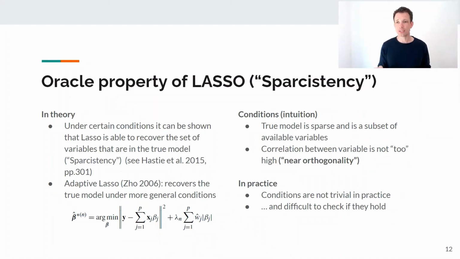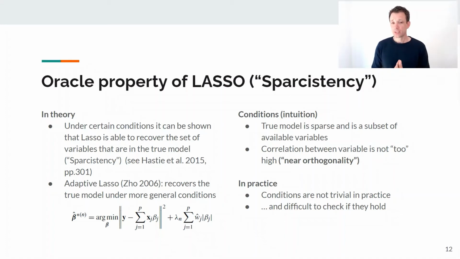And our aim is to find those variables that are in the true model. If we're able to find them exactly, then we will not have an omitted variable bias and everything will be fine. The second condition, and that is even more critical, is that the correlation between the variables is not too high. Ideally, the variables need to be nearly orthogonal.